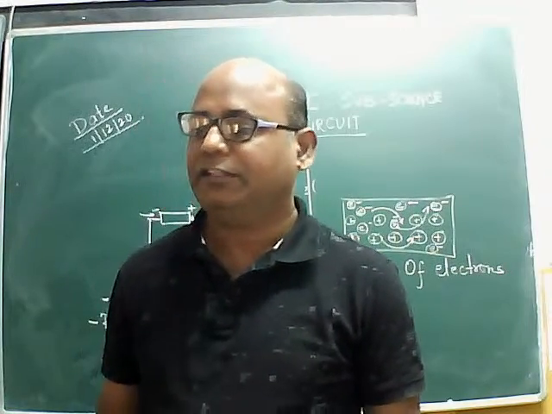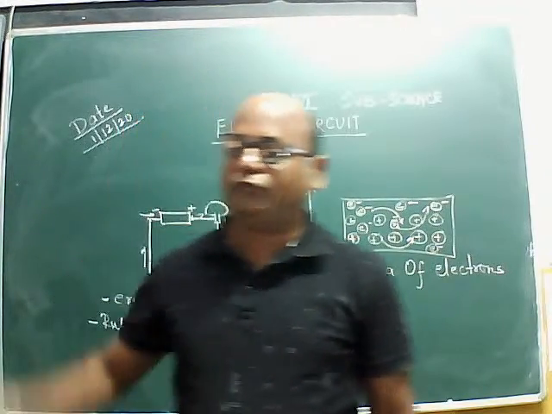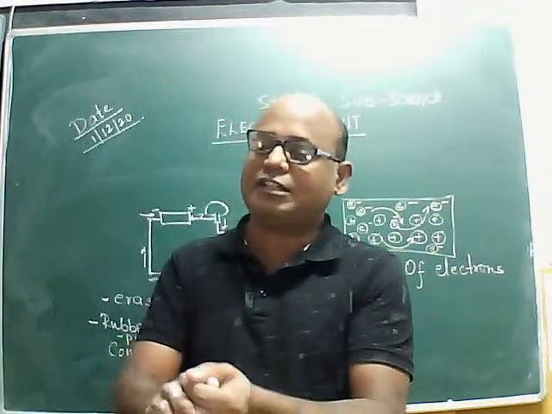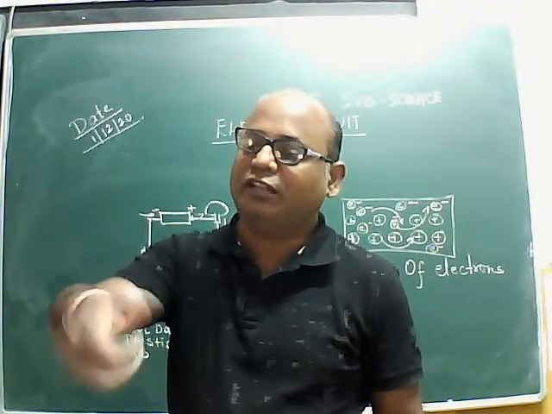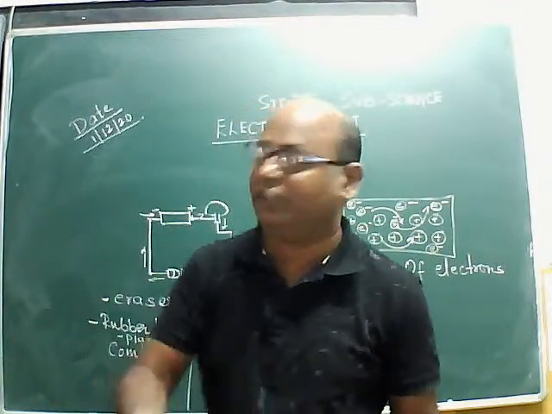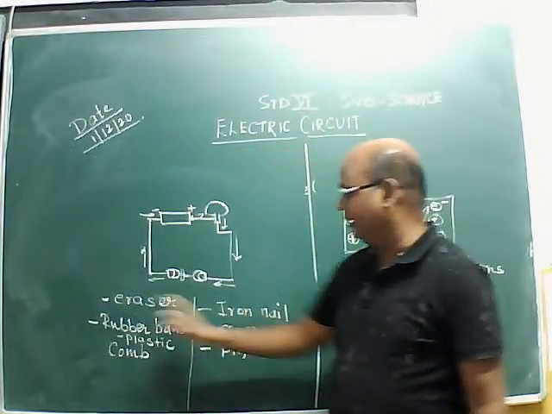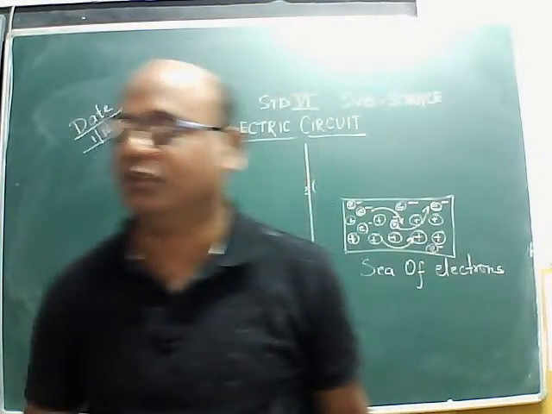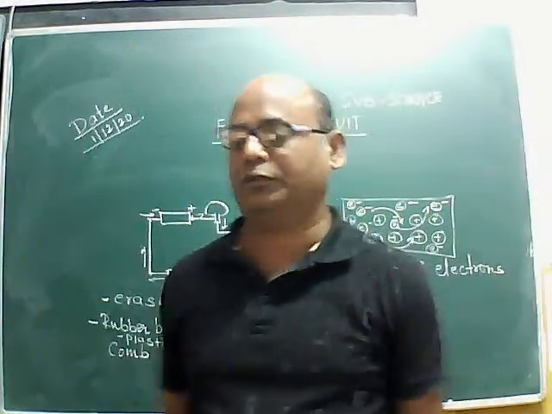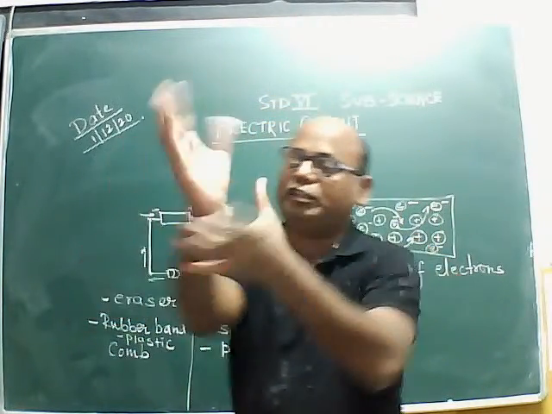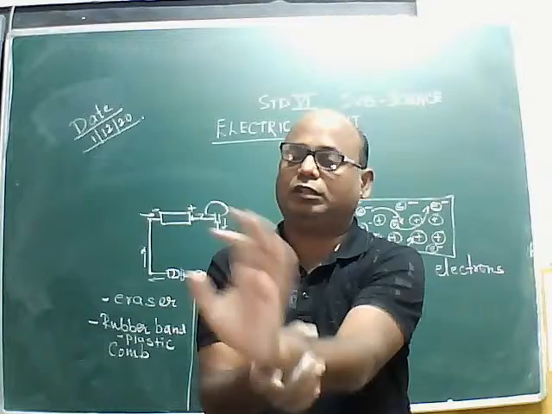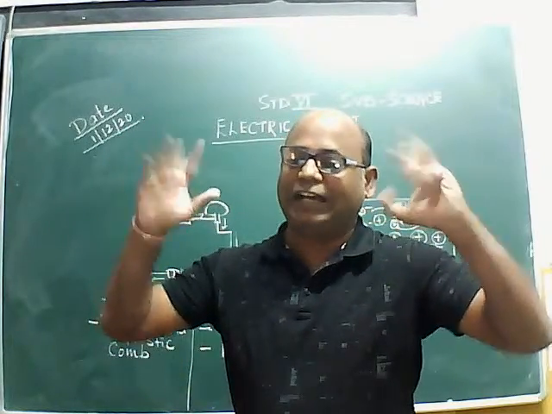Then we will find that for these electrical appliances, if the electrician's tools don't have a handle made up of an insulator like rubber or plastic, you'll get the shock. Now just think of the electrician wearing rubber gloves. Why?